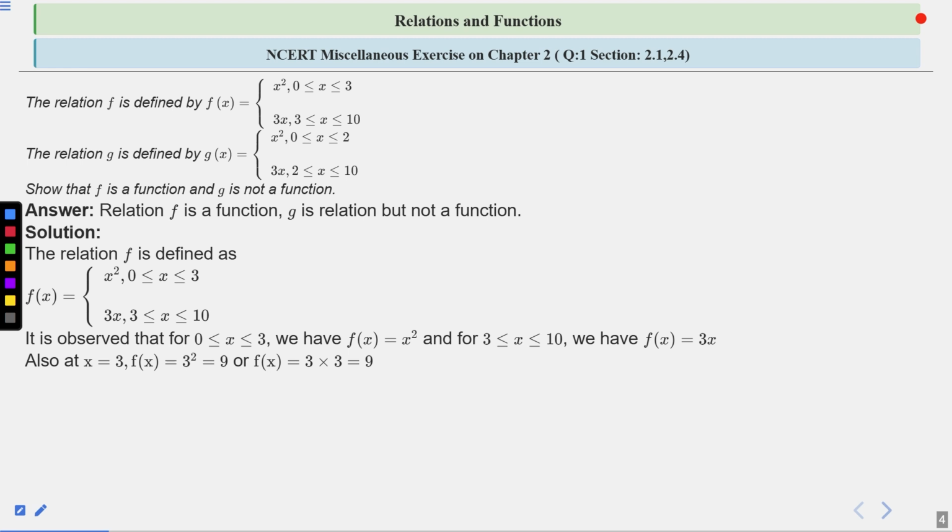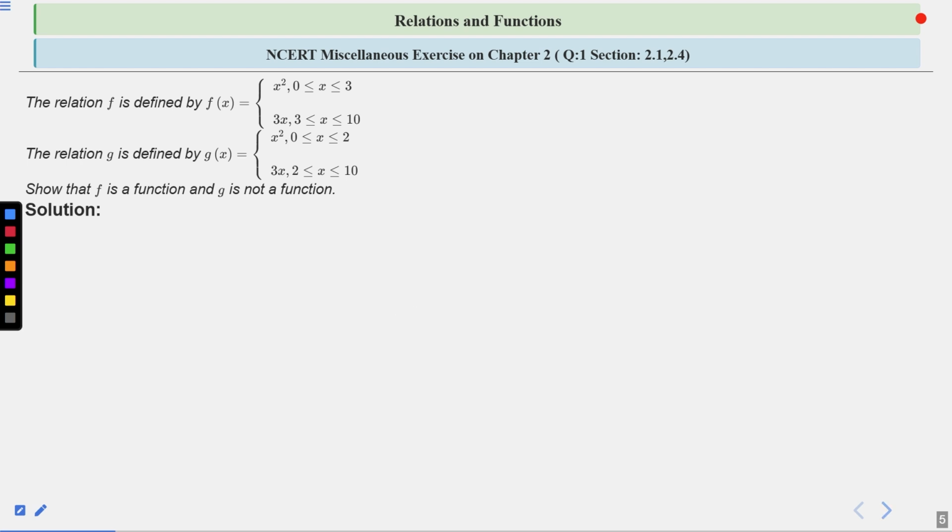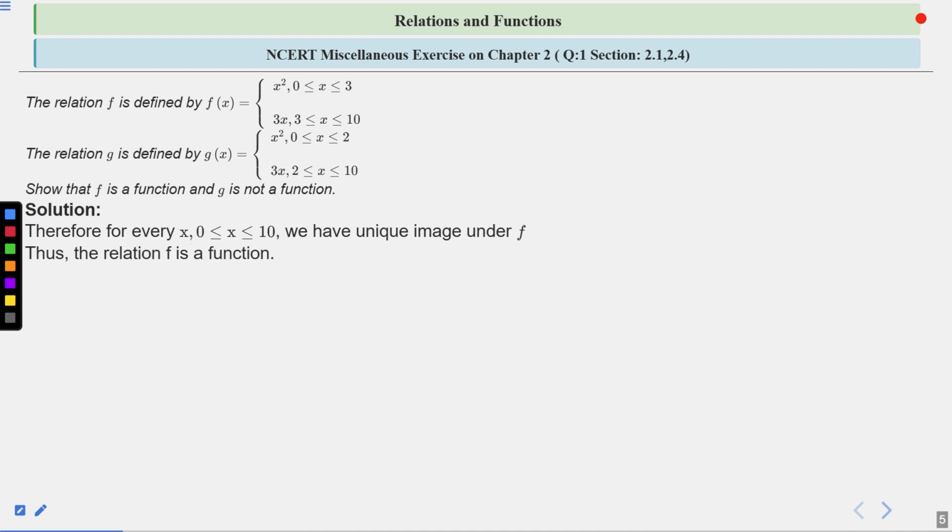Clear? And for every element in that domain, we have exactly one and only one image. So this is my function. Therefore for every x in the domain, we have a unique image. Thus f is a function.